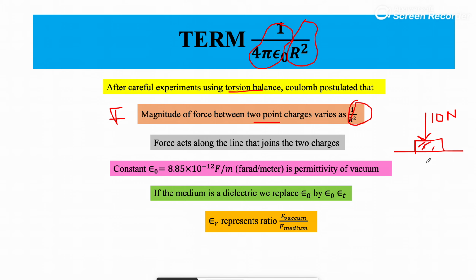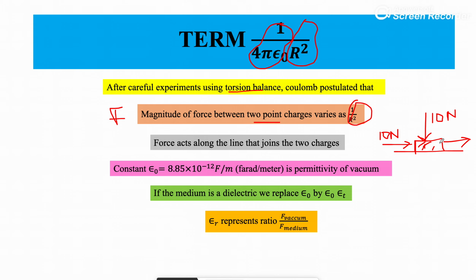On the other hand, if I apply 10 newtons here in this direction, I would be able to move the object in this direction. So clearly the direction along which force acts is very important.